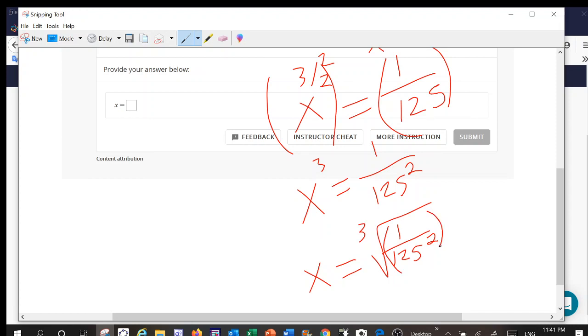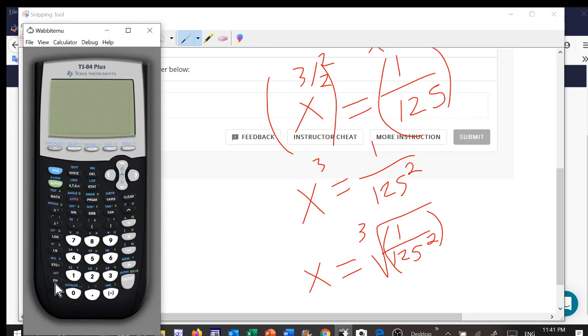Now what is that with the calculator? Well, first of all, what is 1 divided by 125 to the second power? And then we have to take cube root of it, which means raise it to 1 over 3, something like this.